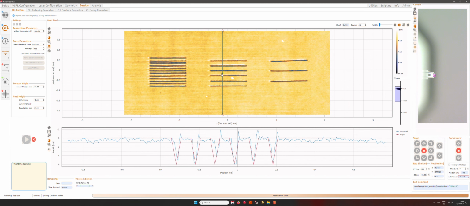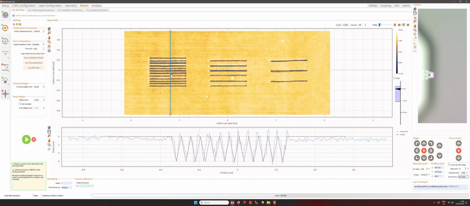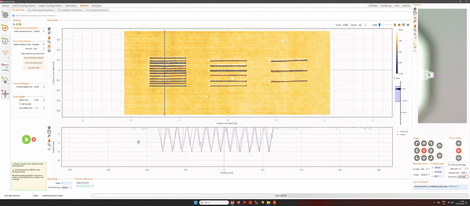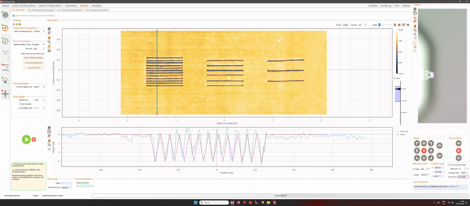But so far, I would say these lines are well separated, and they are all at least 4 nanometers deep, which is what we say is the minimum depth pretty much required if you want to have a successful transfer.